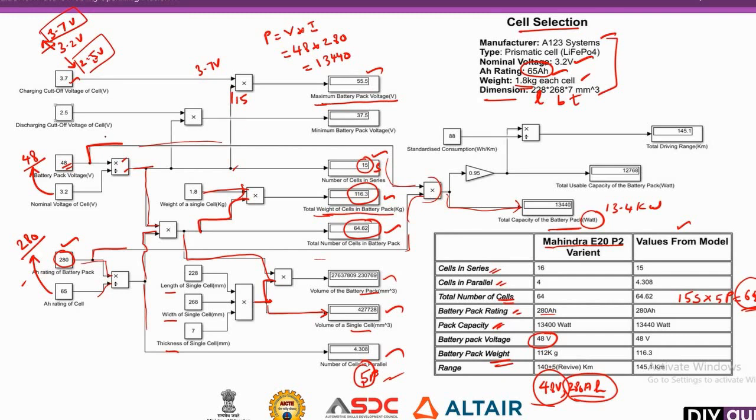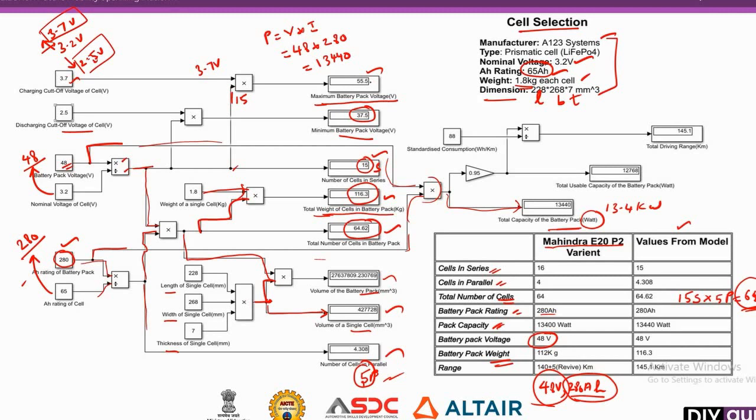Then what will be the minimum? Here the discharging cutoff voltage is 2.6. Sorry, it is 2.5. So again I am multiplying with the total number of cells in series, so that I am getting a value of 37.5. This is nothing but the minimum battery pack voltage.